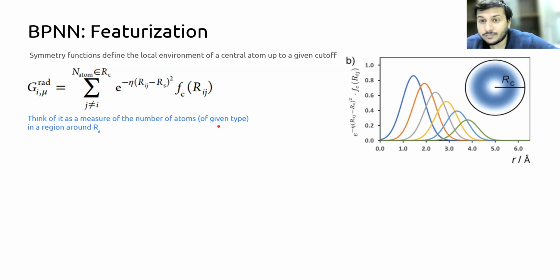For example, this is the functional form of a so-called radial symmetry function. And this has this particular functional form where you need to compute it for a given central atom, right? So if you sit on an atom and you compute this radial symmetry function, and if that function looks like this blue curve, then essentially what you're trying to learn here is roughly the number of atoms which are at a distance of around 1 or between 1 and 2 angstrom.